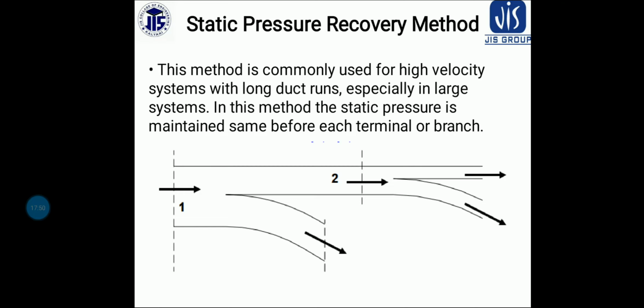The continuity equation is based on the principle of conservation of mass, and it states that if no fluid is added or removed from the pipe in any length, then the mass passing across different sections shall be the same. Now let us consider section 1 and section 2 in this duct.